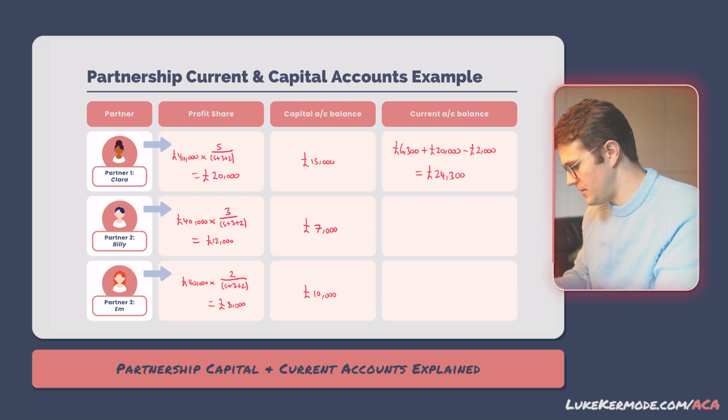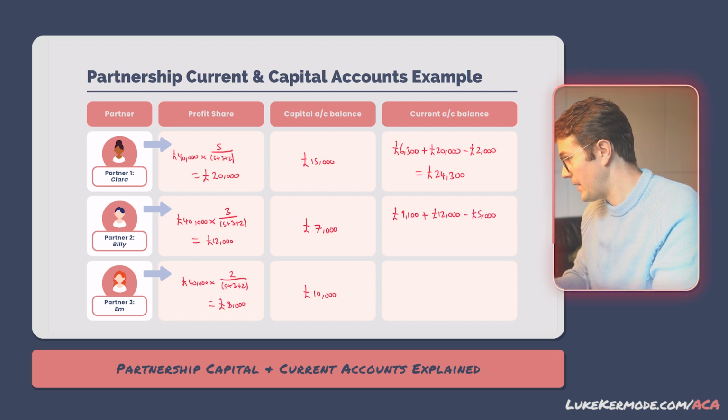Next we have Billy. He had an opening current account balance of £9,100. He accrued profit of £12,000 during the period and made drawings of £5,000. So his current account balance at the end of the period is equal to £16,100.